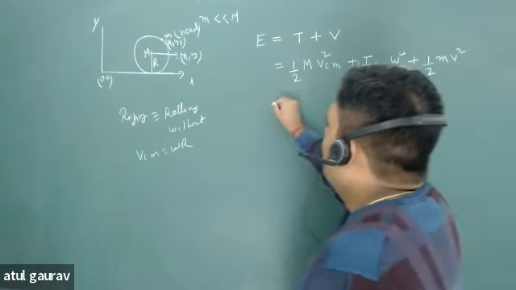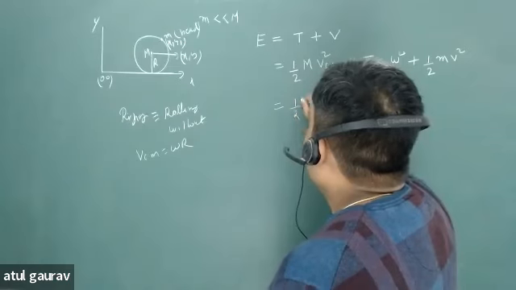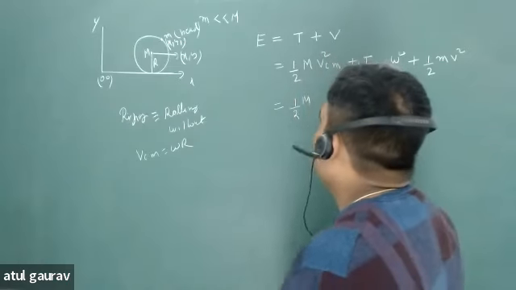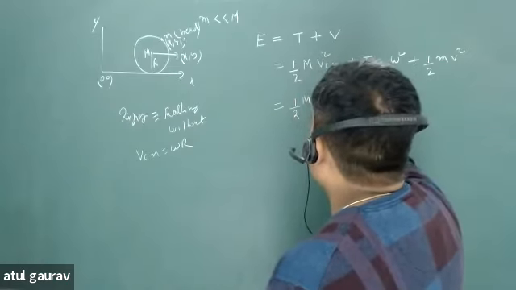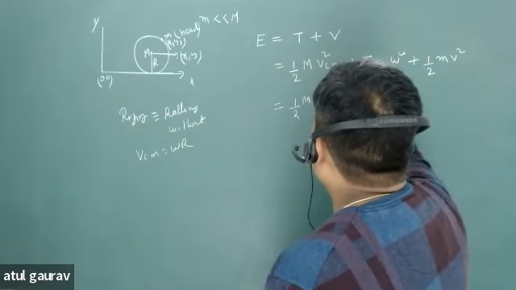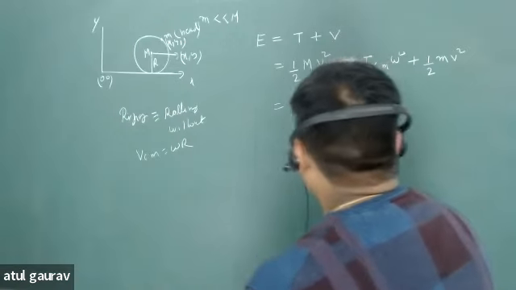Now, what will be VCM square? I can write this as x dot square plus y dot square, isn't it?